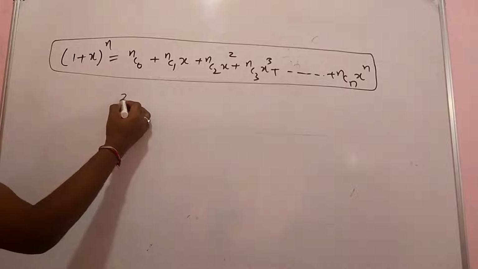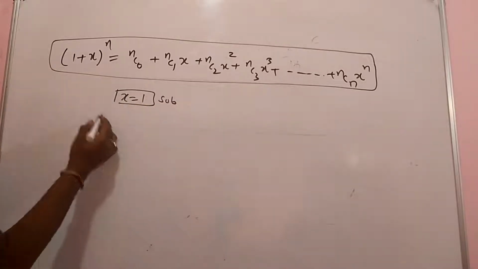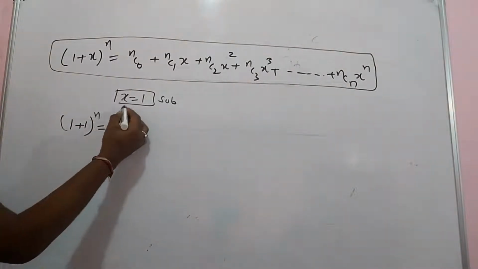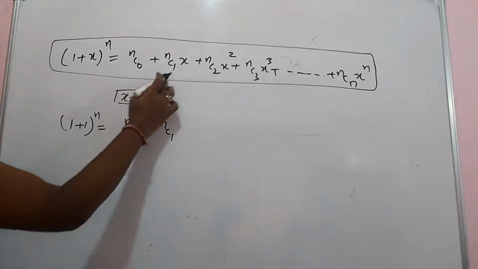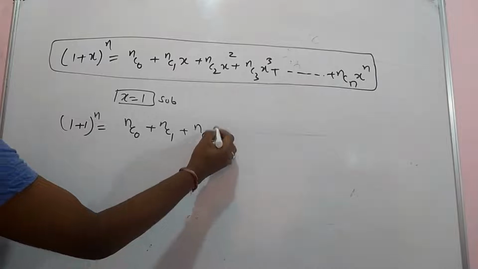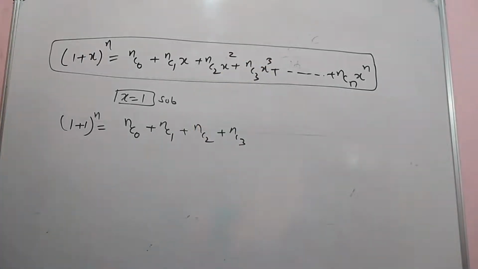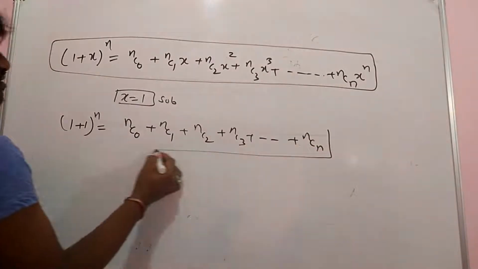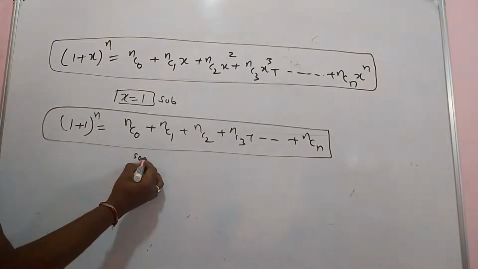When I say x is equal to 1 and substitute in the above equation, (1 + 1)ⁿ is equal to nC0 plus nC1, in the place of x I substitute 1, plus nC2 x² plus nC3 x³, meaning 1 cube is 1, plus so and so, plus nCn. This gives the binomial coefficients.